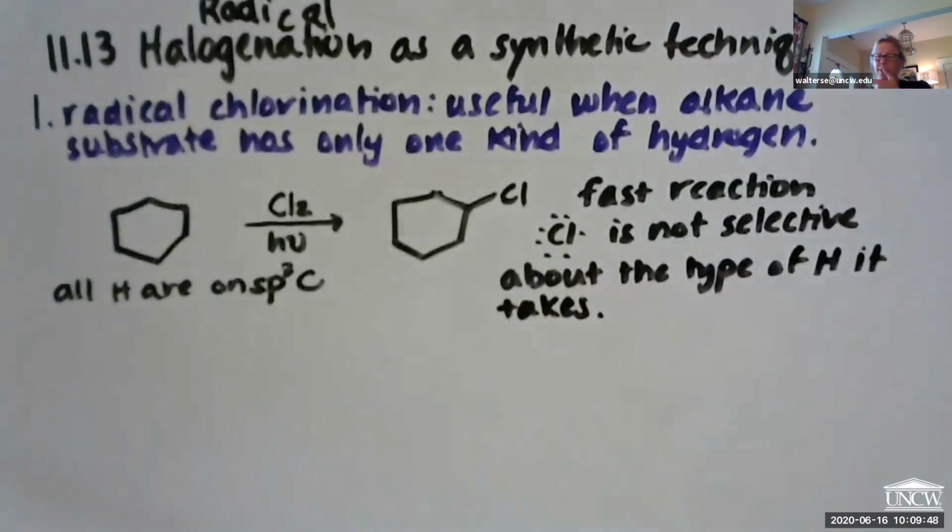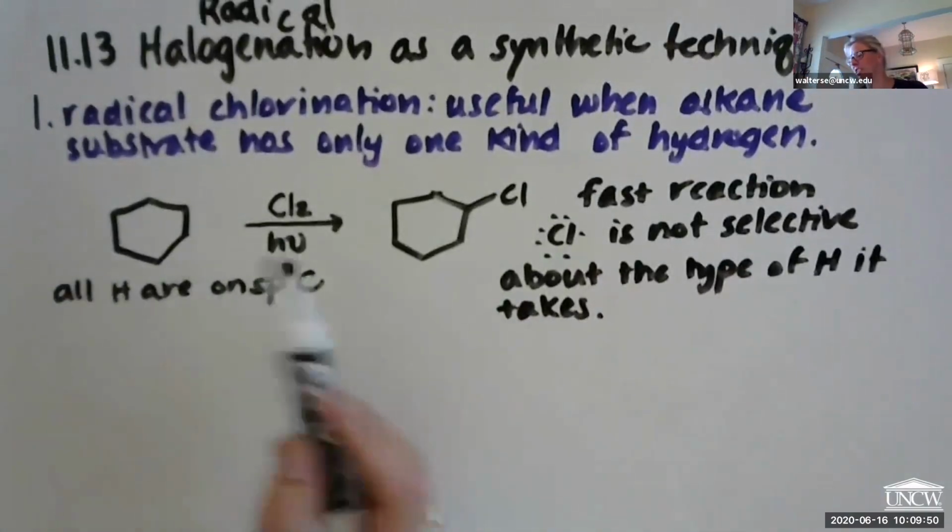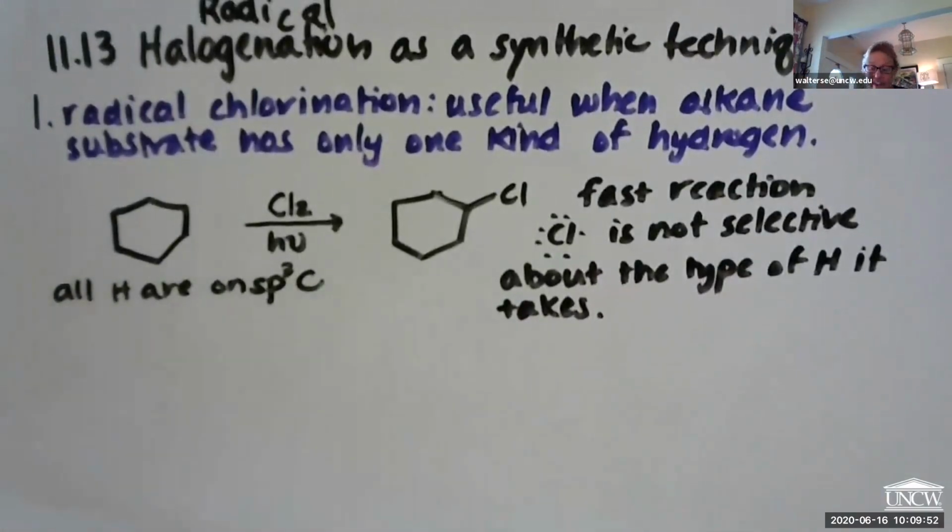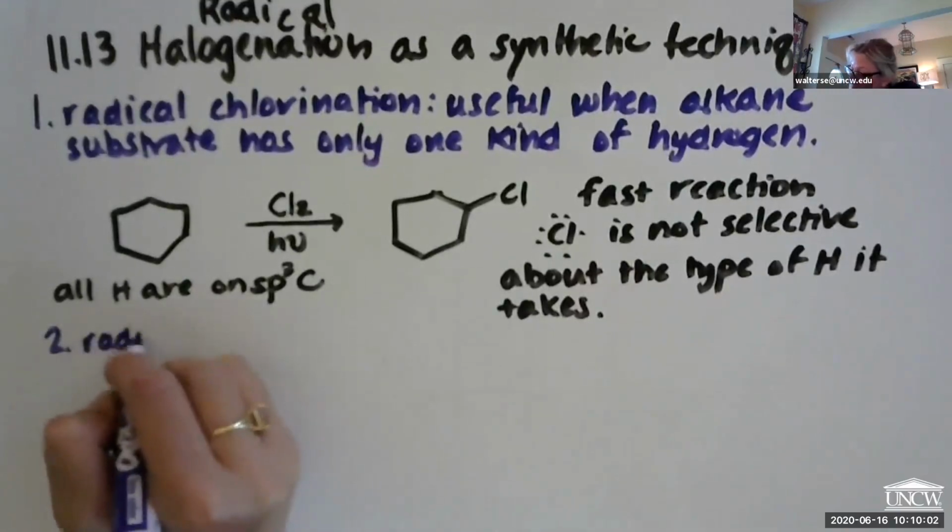Okay, or replaces. So when you perform this reaction, as long as they're all the same, chlorine is fine. But if you have different types of hydrogens, you're going to use radical bromination.